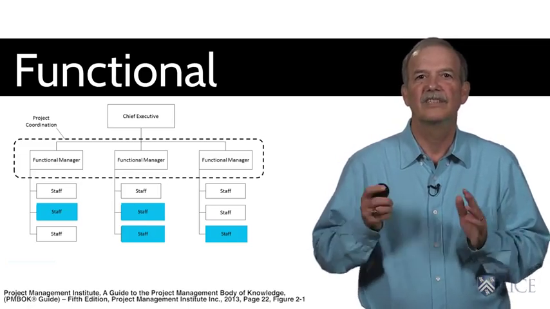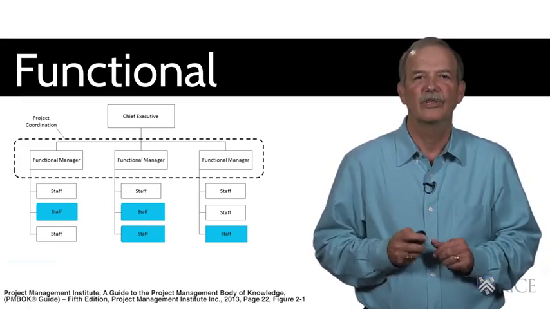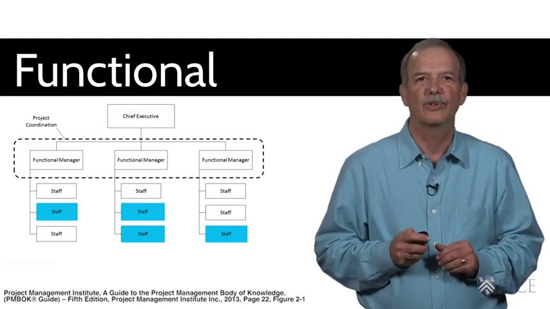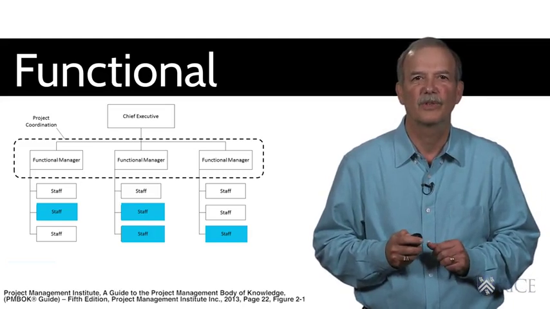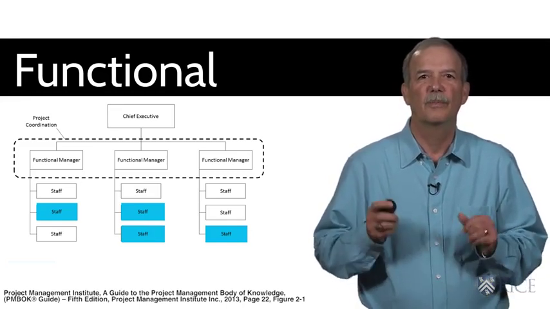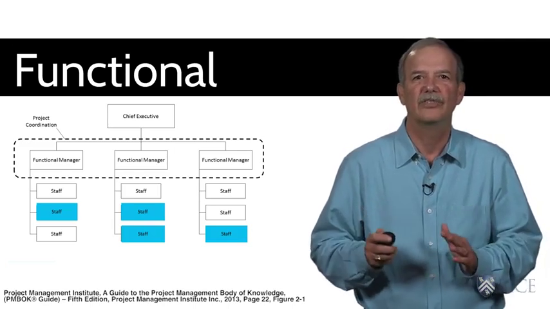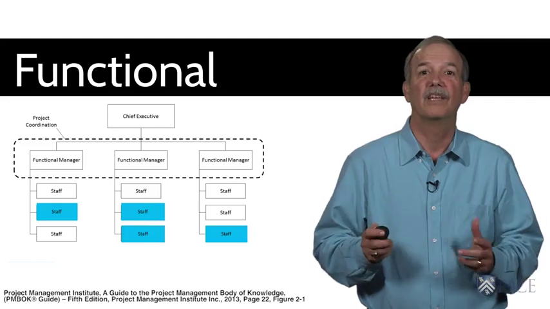When an organization decides to implement a project, it may decide to execute it within its functional organization. This is called a functional organization structure for the project. In this organizational approach, the project is run by the functional managers as a group. Project coordination is done as a committee.